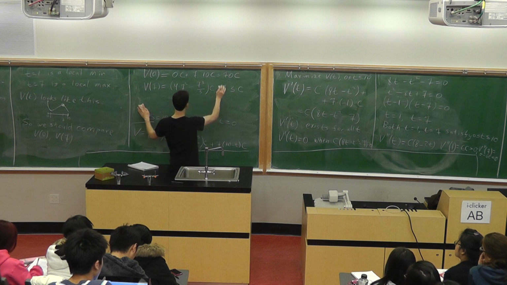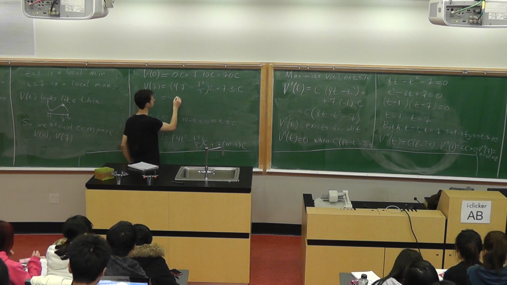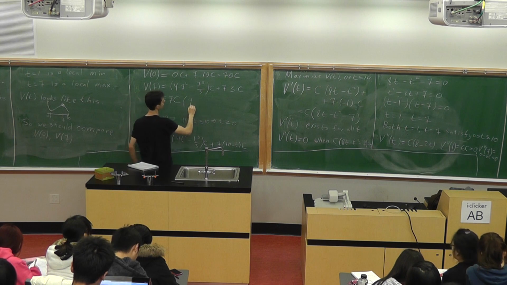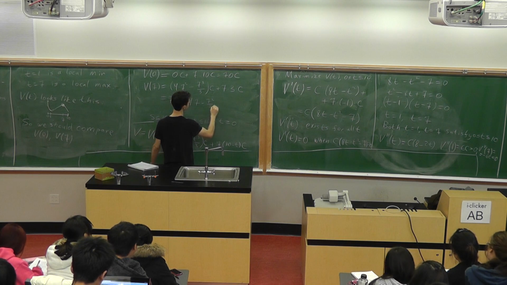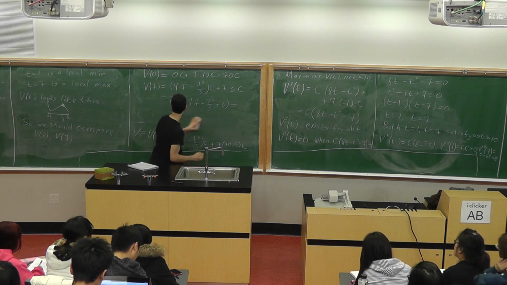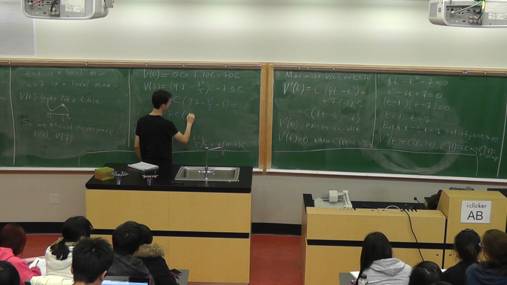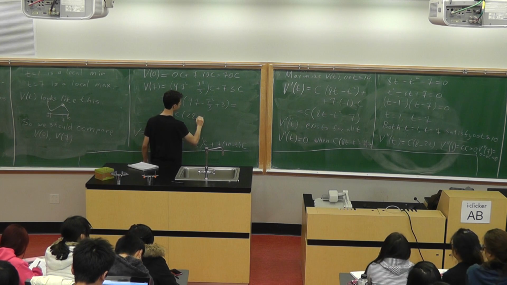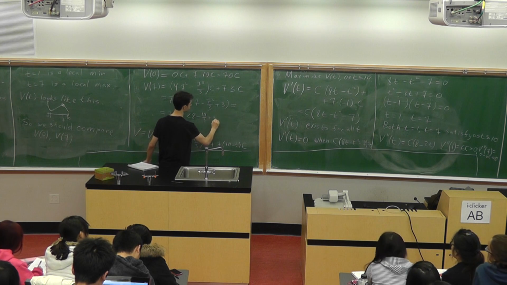Okay, I want to compare this to 70c. Maybe let me take c out of the brackets. And I also can take 7c out of the brackets. I'm left with 4 times 7 minus 7 squared over 3 plus 3. So 7c times 28 minus 49 over 3 minus 3 plus 3.